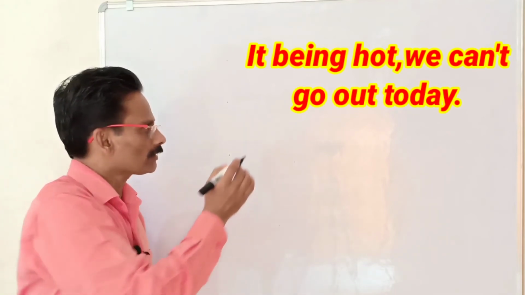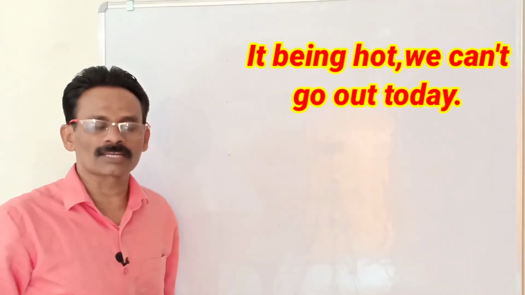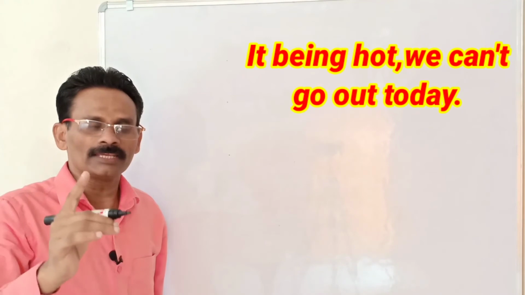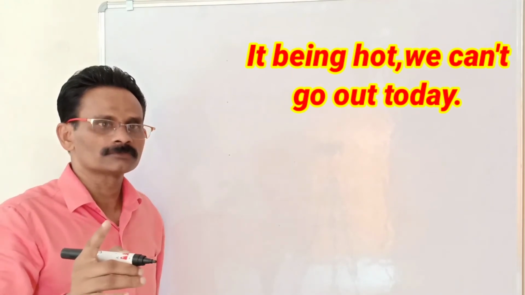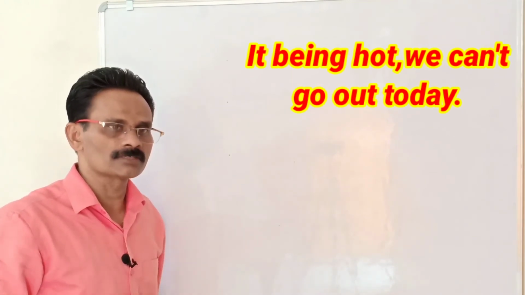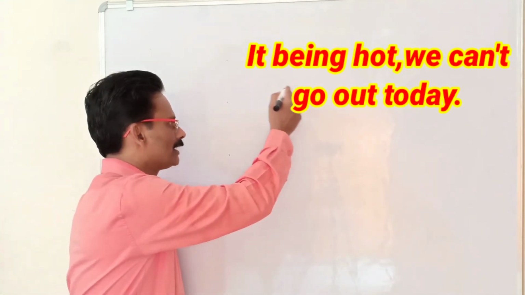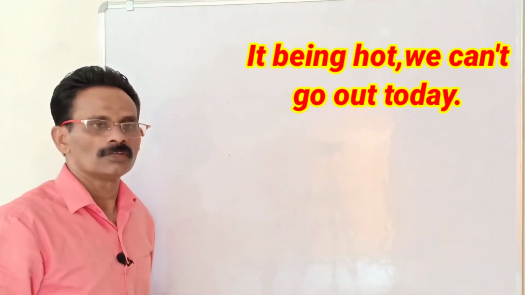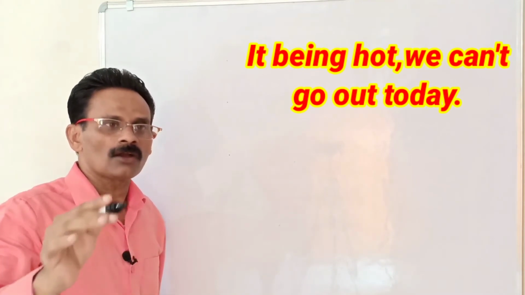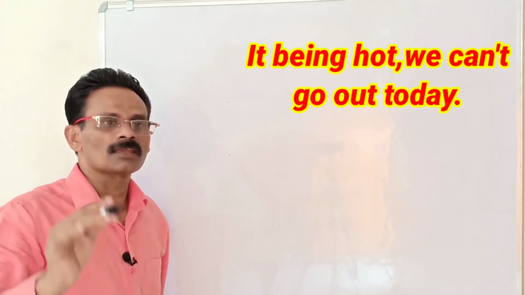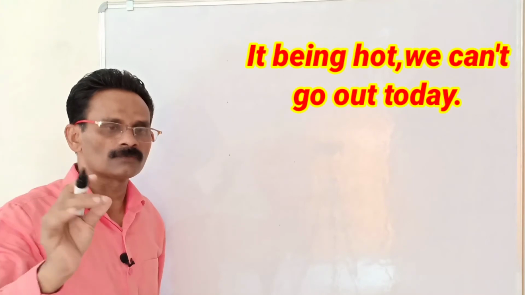Now, here being is the present participle and it is used to frame an absolute phrase, an absolute construction. It being hot. So here, it being hot is an absolute phrase.